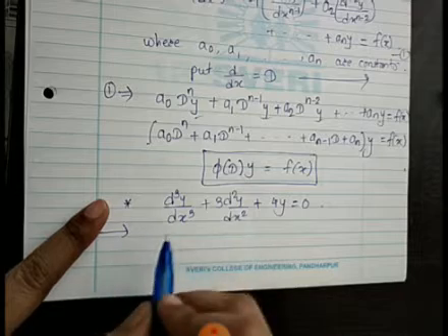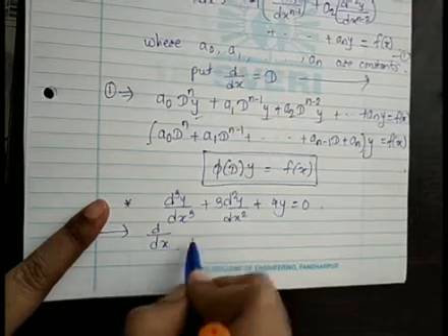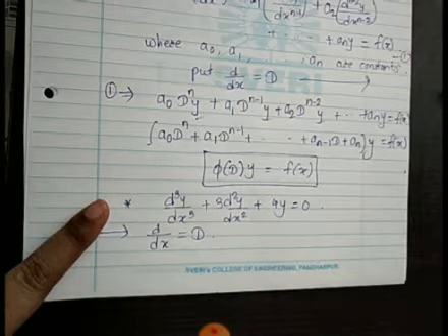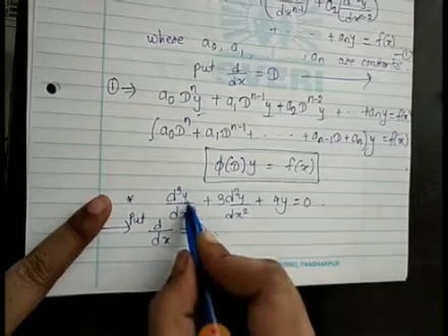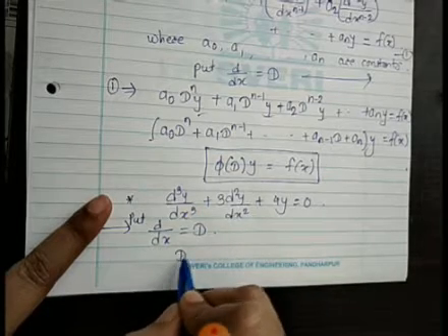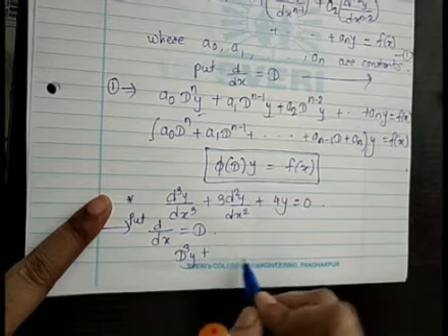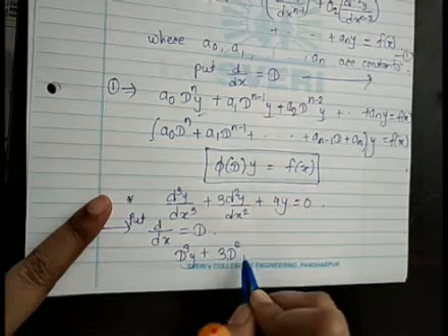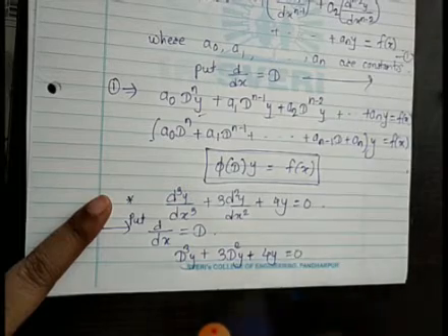So to solve such equations, this is LDE. Our first job is to put d by dx as capital D. So put d by dx as capital D, so that the equation becomes D cube y plus 3 D square y plus 4y is equal to 0.